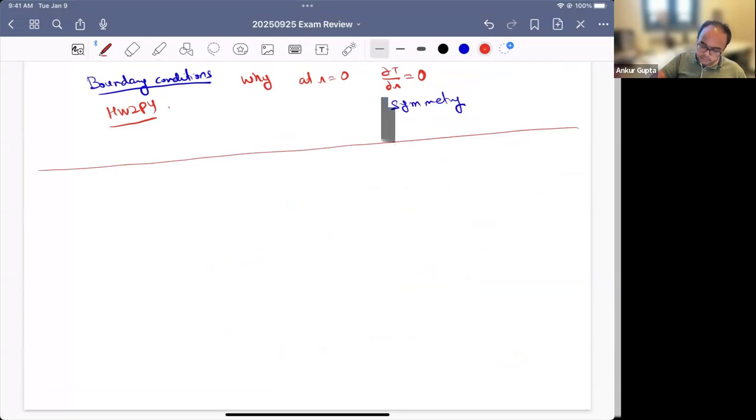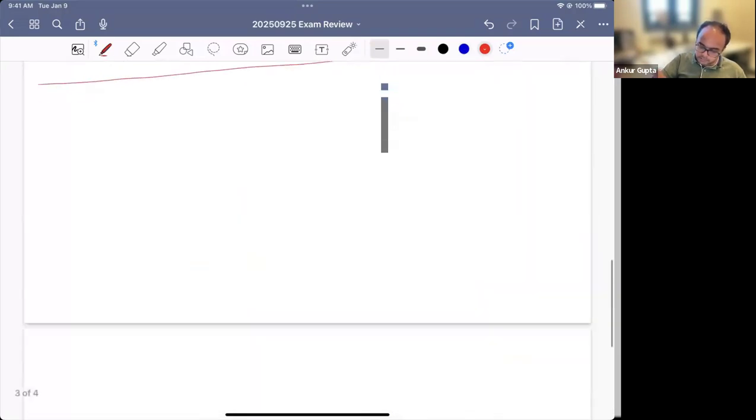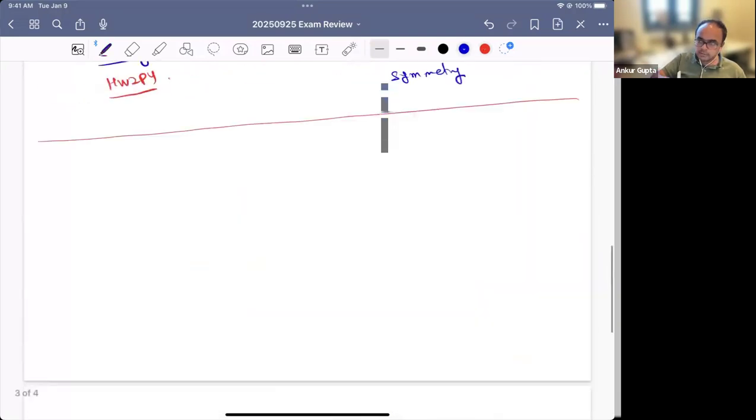So the problem in the homework, think of it like this. It's like if you drop, let's say, 1 gram of some solute in a liquid, at x equal to 0. Initially all the mass is concentrated at this location, x equal to 0.